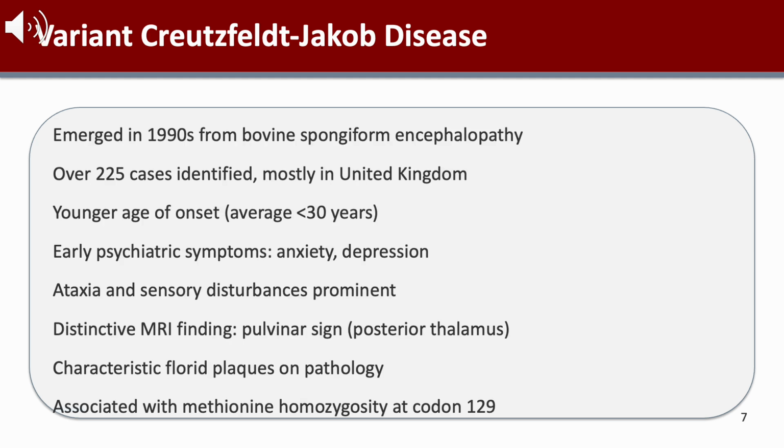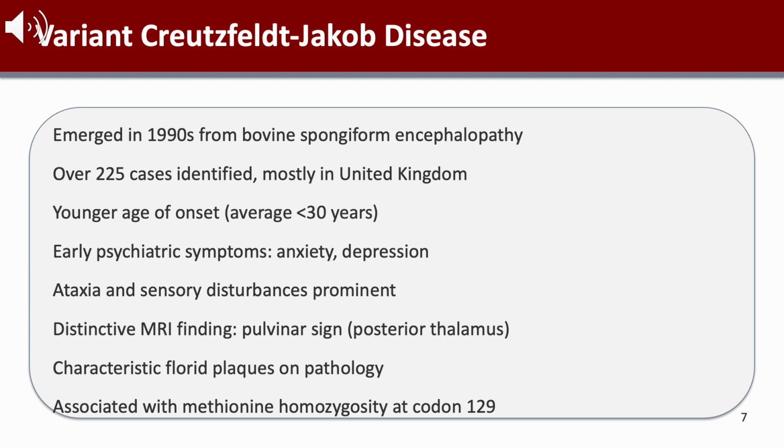Variant Creutzfeldt-Jakob disease represents a tragic consequence of the bovine spongiform encephalopathy epidemic in the United Kingdom. This form of prion disease emerged in the 1990s and is thought to result from consumption of contaminated beef products. Unlike sporadic Creutzfeldt-Jakob disease, which typically affects the elderly, variant disease strikes younger individuals with an average age of onset below 30 years.